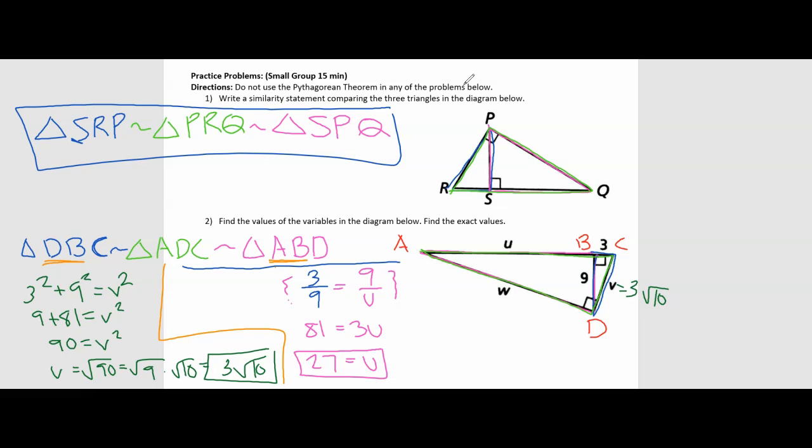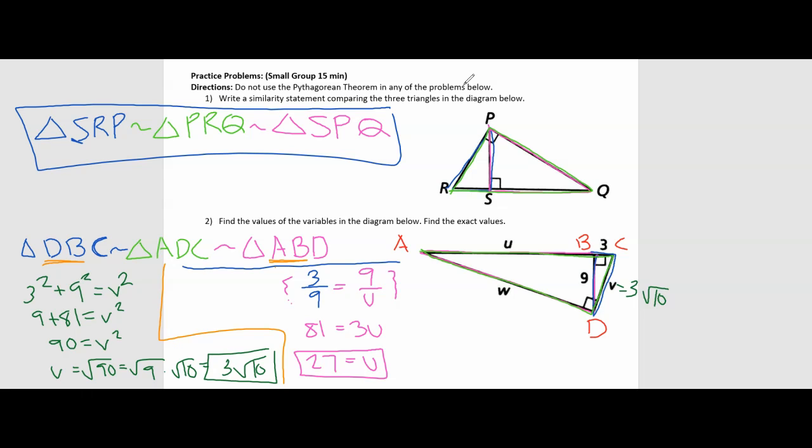In this case, the ones that I chose, 3 and 9, ended up being the correct sides, but it's possible that the sides you choose may be the incorrect ones, and you may have to go back and switch out one of them based on what sides are the corresponding ones.